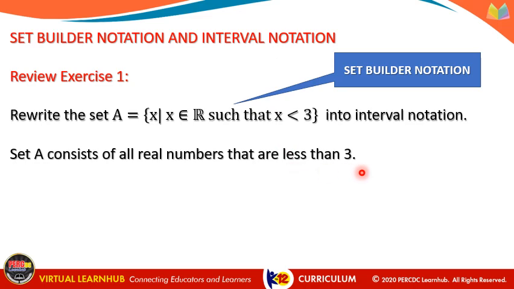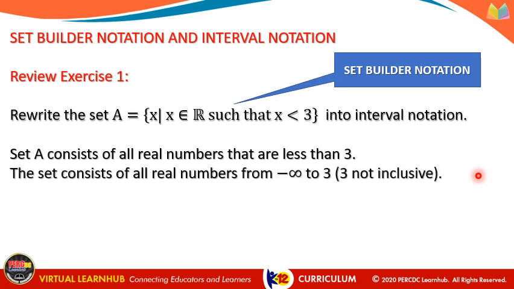Ngayon, alam na natin kung ano ang mga kasama sa set na ibinigay sa atin, pwede na nating kunin yung interval notation natin. Una, alam natin na ang range ay magmula negative infinity hanggang bago mag-positive 3. Thus, ang ilalagay natin sa left side is negative infinity. Tapos, sabi, less than 3.